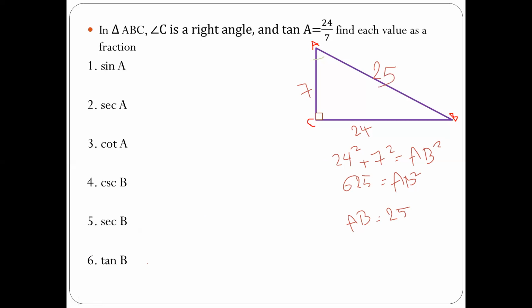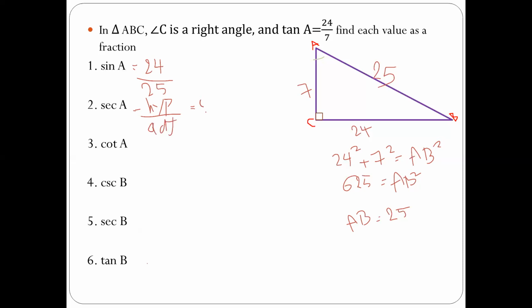Now, sine A is opposite over hypotenuse, 24 over 25. Secant A is 1 over cosine, so it is hypotenuse over adjacent.